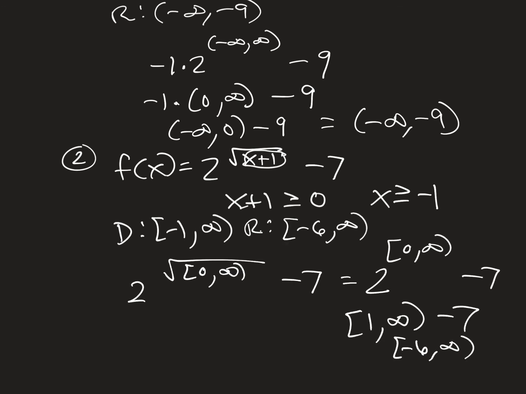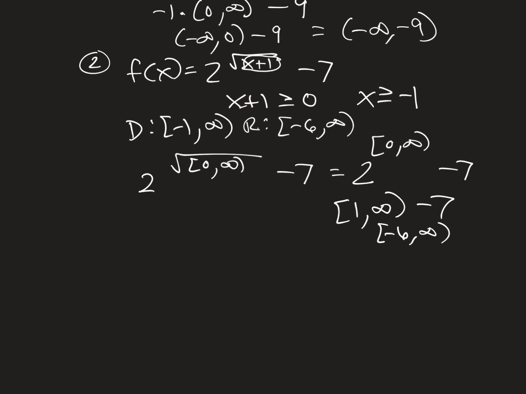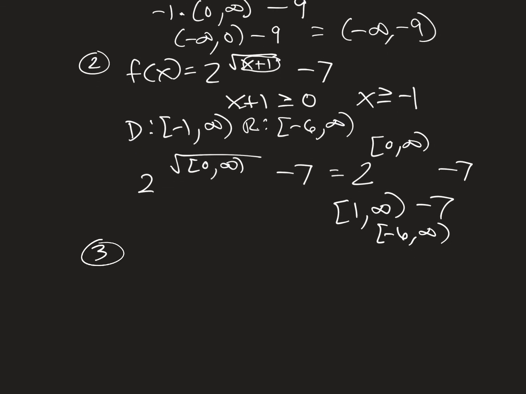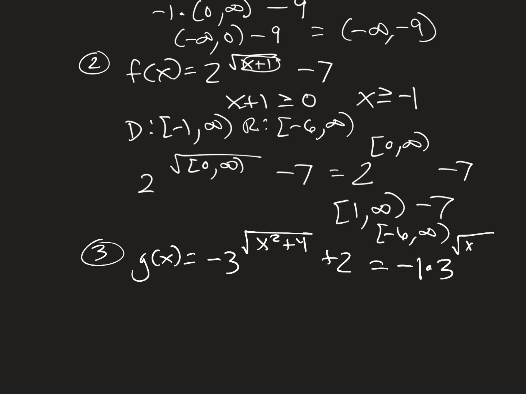All right, let's do one more, which is the most difficult. Let's call it g of x equals -3 square root of x squared plus 4 plus 2. And again, if it's helpful to you, write -1 times 3 square root x squared plus 4 plus 2.